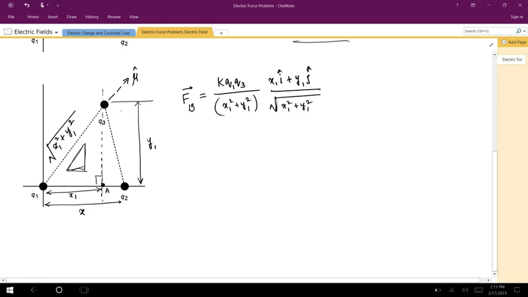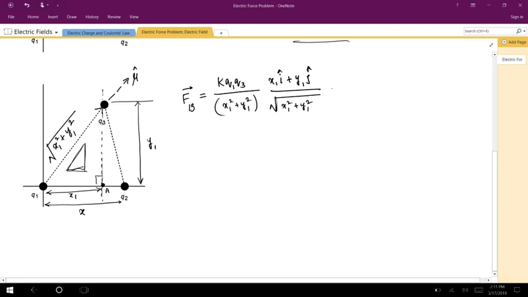In order to find that, all I have to do is figure out what this r vector is, the vector from the origin to Q3. And what is that vector? That looks like x1 i hat plus y1 j hat. Divide that vector by its magnitude, which is the square root of x1 squared plus y1 squared. And so that's my answer for F13.